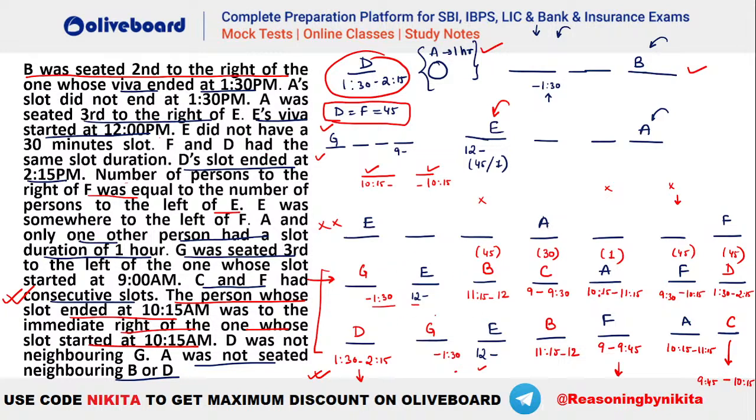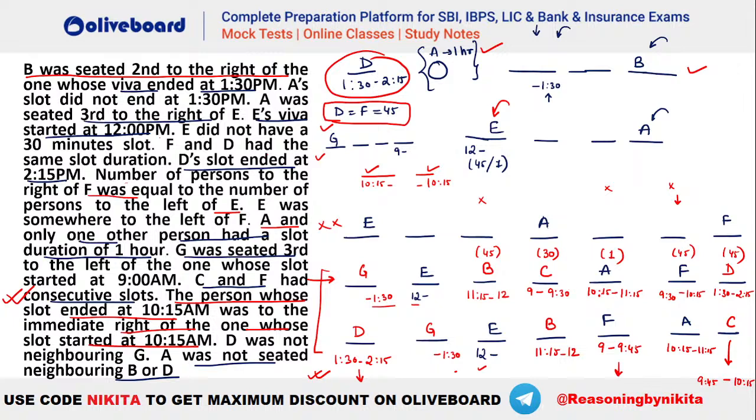Second case, we have two persons to the left of E, two persons to the right of F. That is fine. A and only one other person has a slot duration of 1 hour. Okay, so we have two persons for 1 hour. G was third to the left of 9 a.m. So you can see G has to be third to the left of 9 a.m. That is also fine. C and F have consecutive slots.